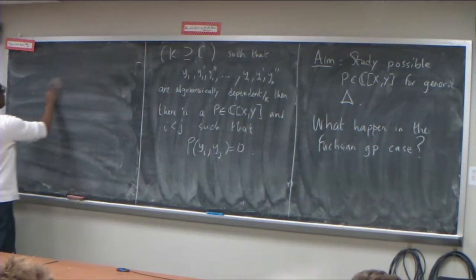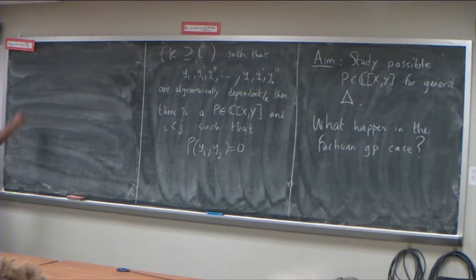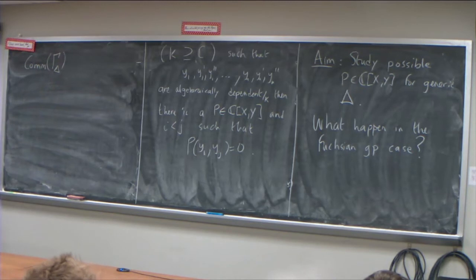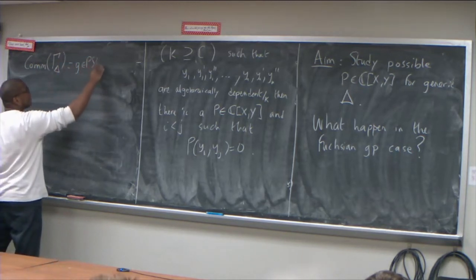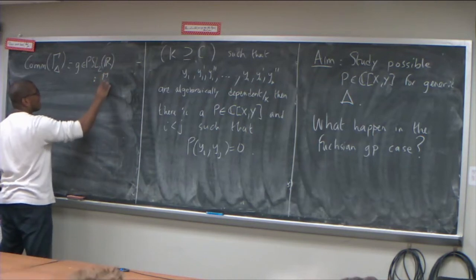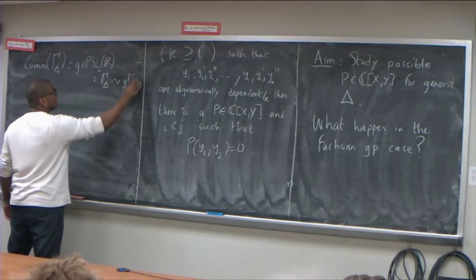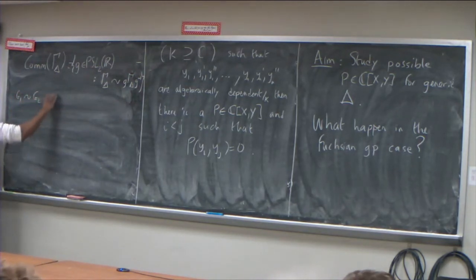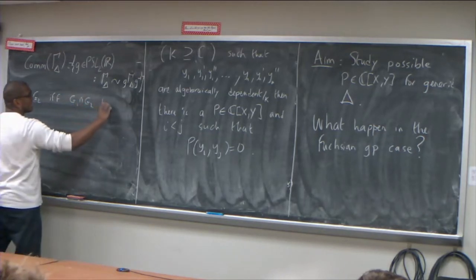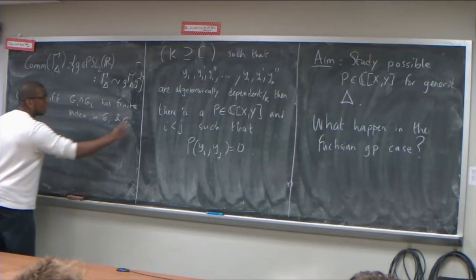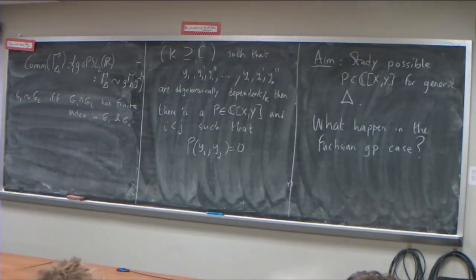So quickly, the commensurator of gamma triangle, for a triangle group, I mean all the g's in PSL2(R) such that gamma triangle is commensurable with g gamma triangle g inverse, where G1 is commensurable to G2 if and only if G1 intersect G2 has finite index in G1 and G2.